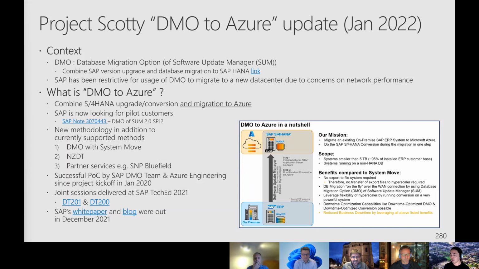Database Migration Option is the SAP toolset to combine SAP version upgrade and database migration to S/4HANA or SAP HANA. And every SAP customer needs to go to S/4HANA by 2027 or 2030. So this is another Y2K event for every SAP customer.